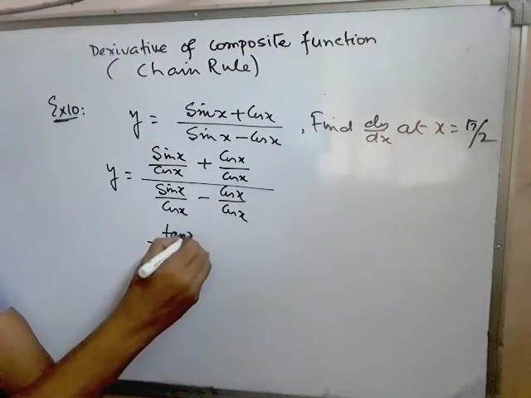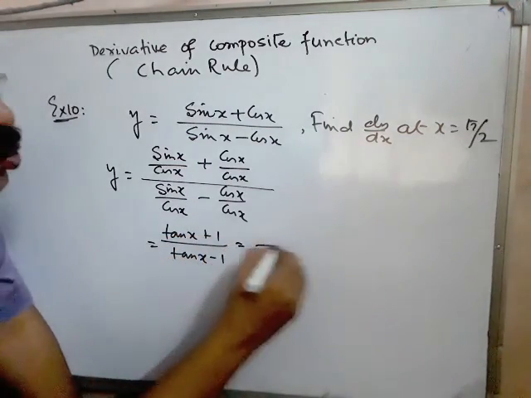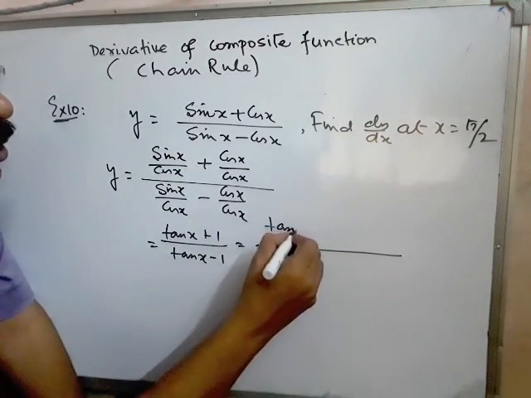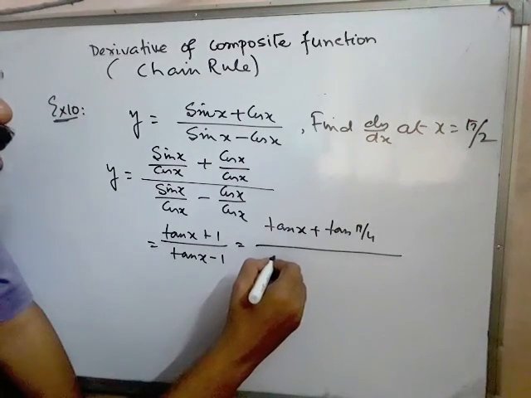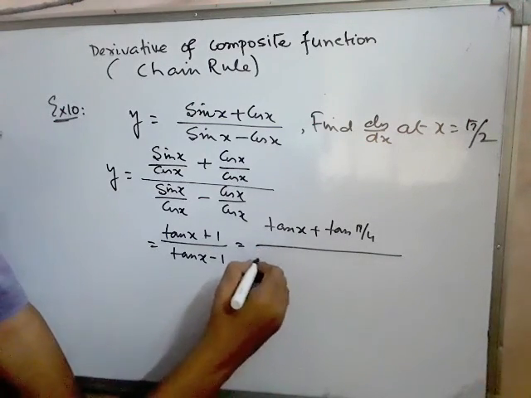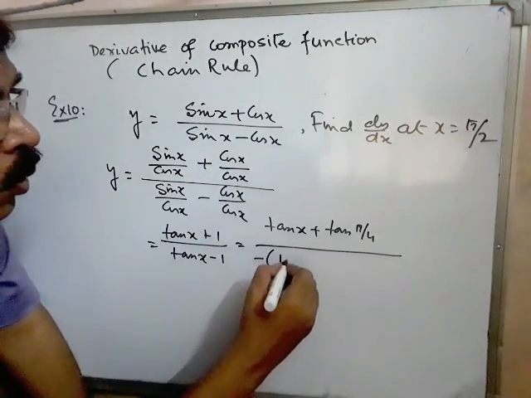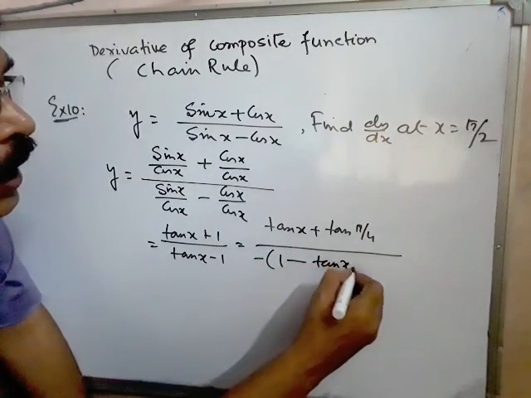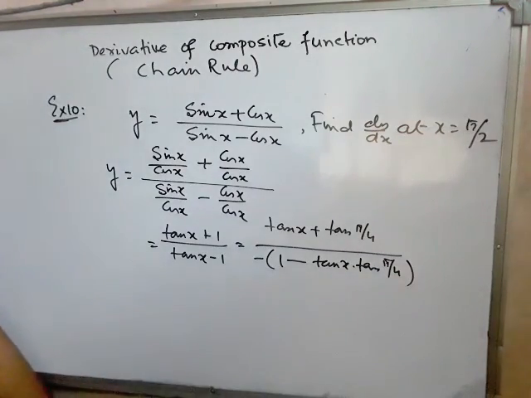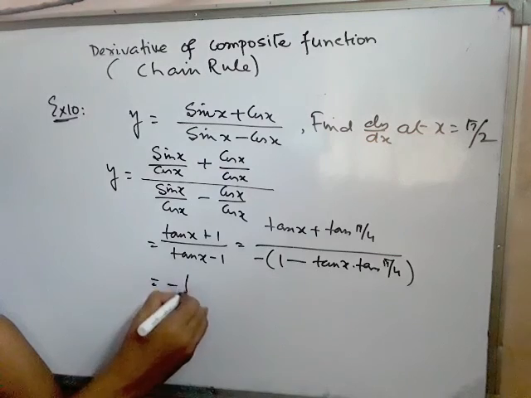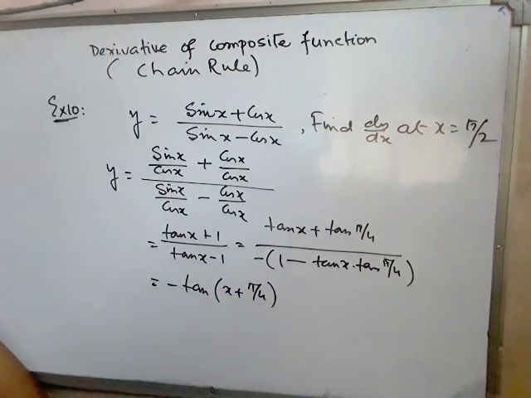So tan x plus 1 by tan x minus 1. We can write tan x plus tan pi by 4, and if you take minus common from the denominator, minus (1 minus tan x into tan pi by 4). So it becomes a formula, tan of (x plus pi by 4).